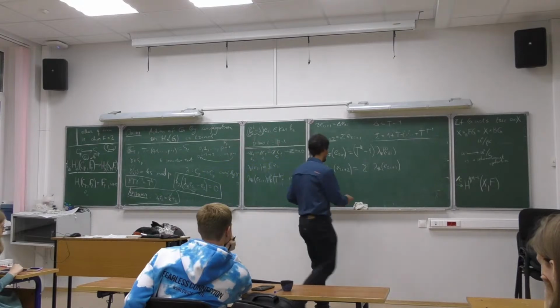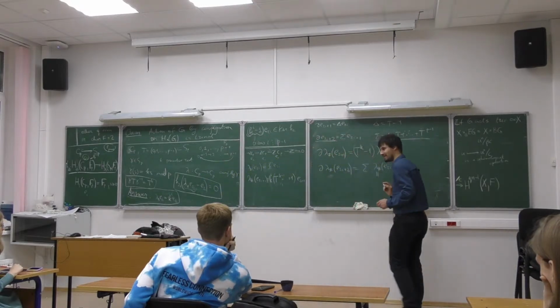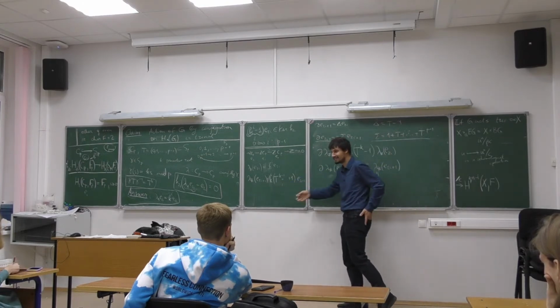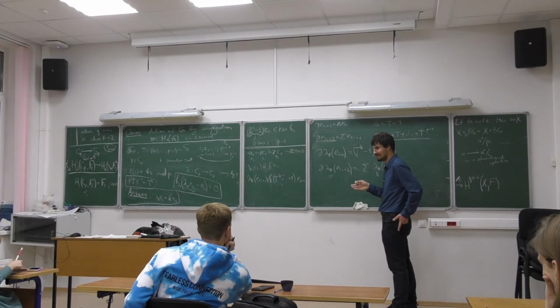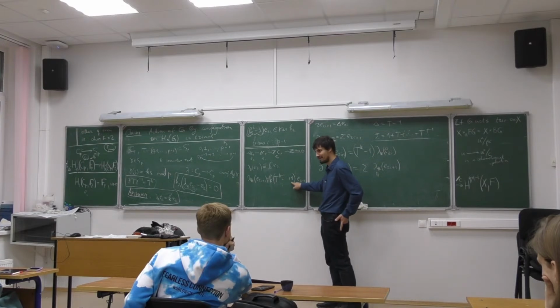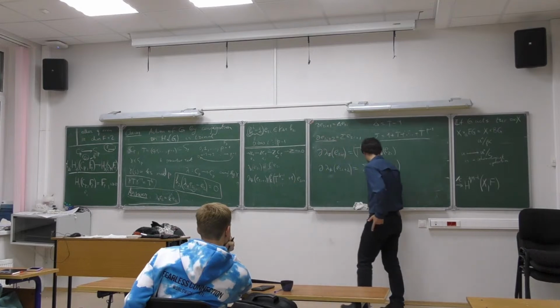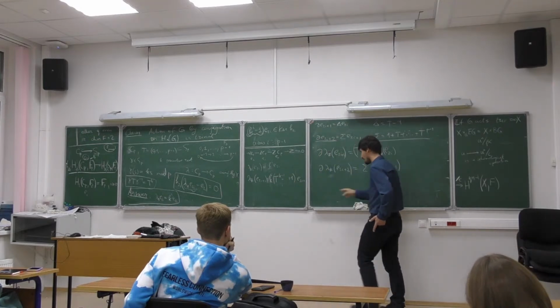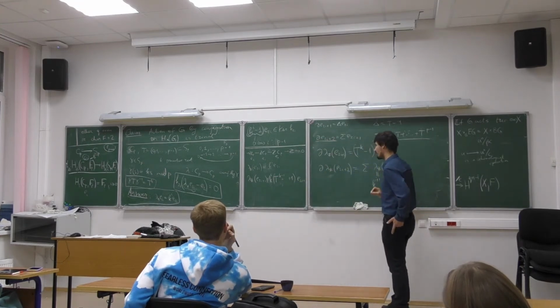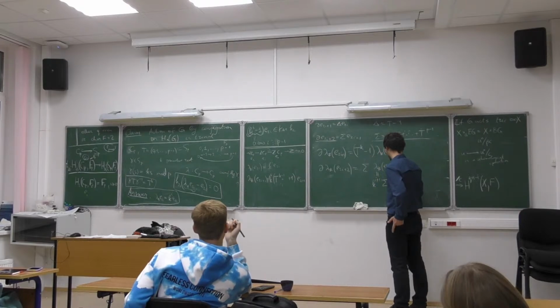So this can be replaced by k. So we need k to the power I plus 1, sigma e to I plus 1.